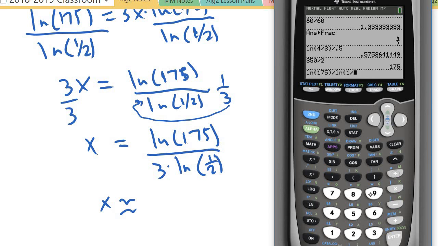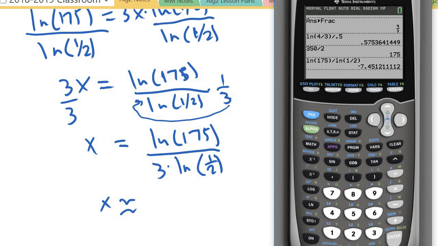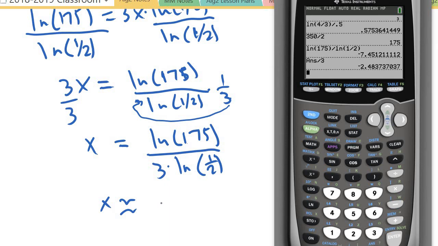It's important you do it one step at a time like this. And now we can divide the answer by 3. That's how you do it. And then you're going to get negative 2.4837. Whenever you divide by more than one quantity, you have to do it in steps, like I just showed you.